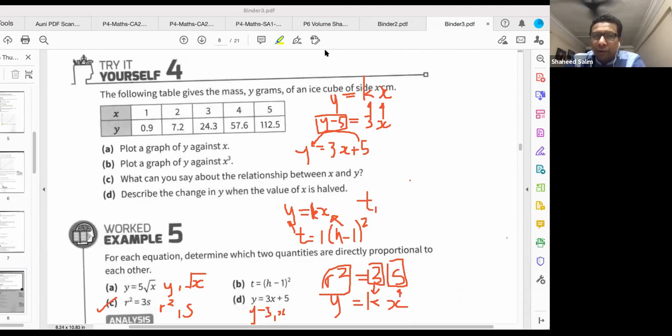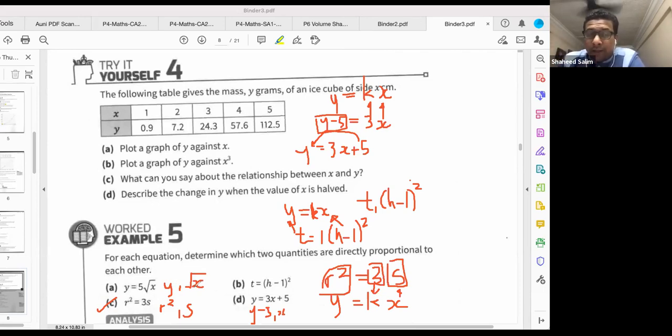Okay, I've got a feeling you're confused now. Don't worry about this. This is for you to understand that sometimes they can rearrange the equation and they want you to make it directly proportional. In this case, you cannot say that x and y are directly proportional. They are not. y and the square root of x are directly proportional, but y and x are not.